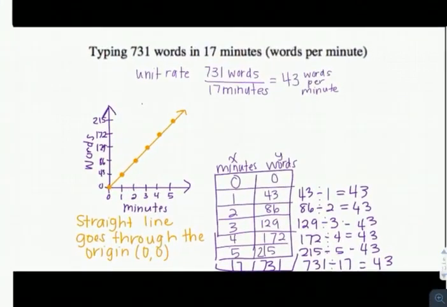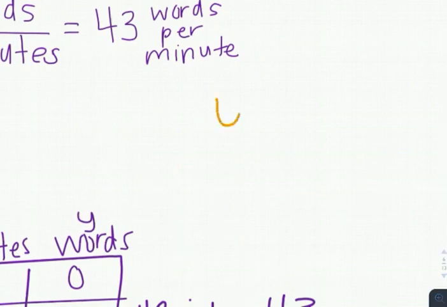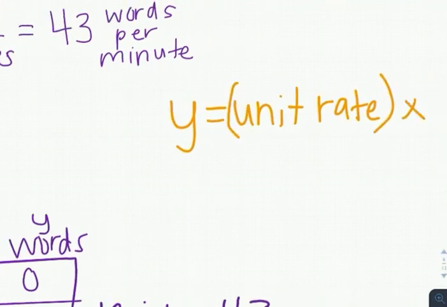And then the last thing I do is I write my rule, and my rule always looks like this. Rule is the same as equation. So y equals my unit rate times x.